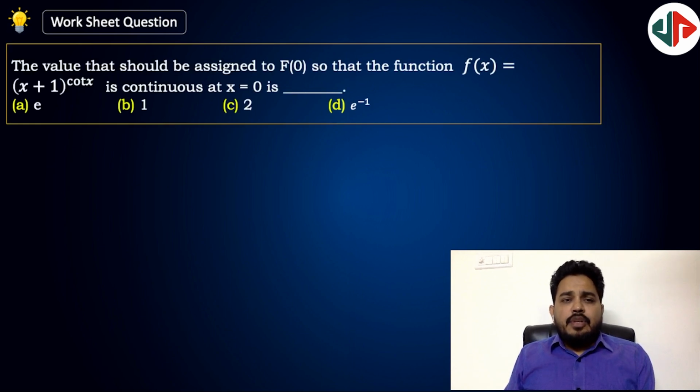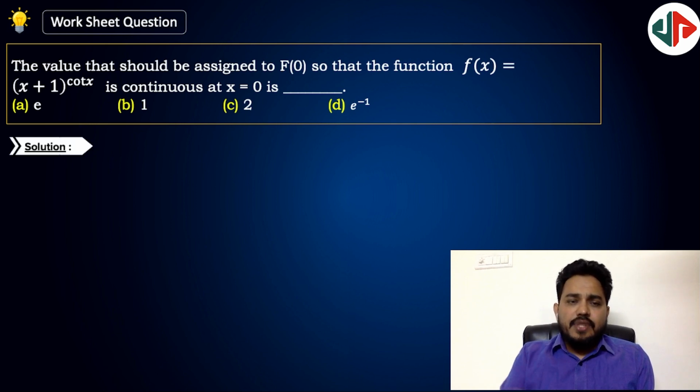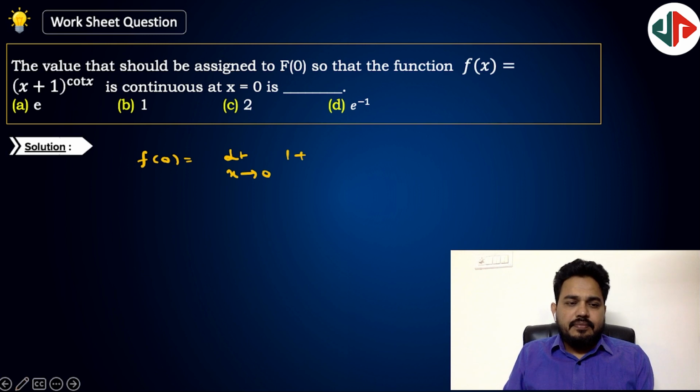Next question is the value that should be assigned to f of 0 so that the function f of x is continuous at x is equal to 0. So here clearly f of 0 is equal to the limit as x tends to 0 of 1 plus x power cot x.